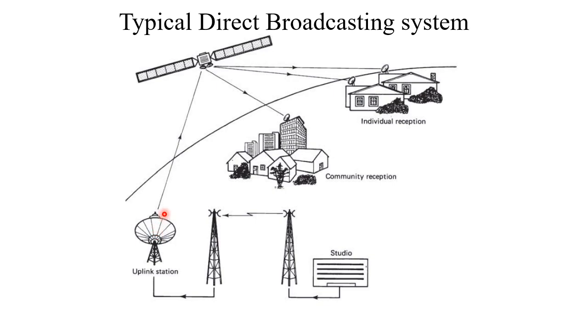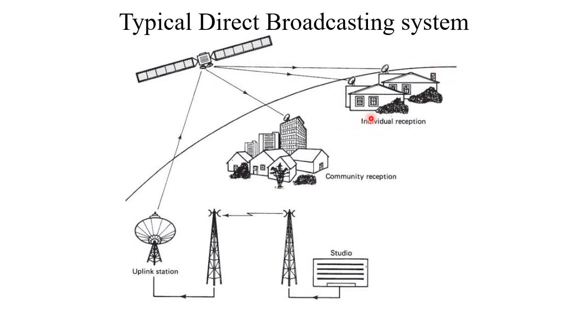So the signal is now going to the satellite. So satellite receives the signal and then it broadcasts, or we can say it relays the signal within a certain locality.